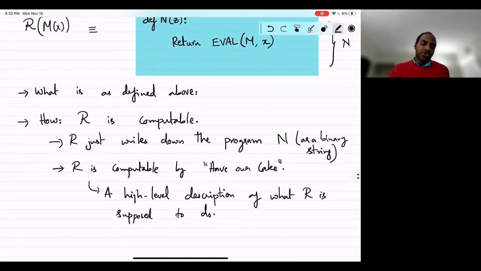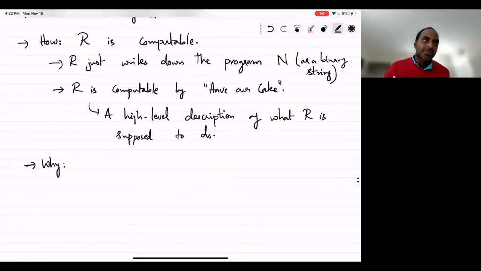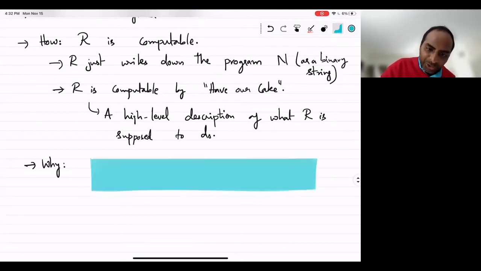So now we kind of have the what and how. We need to do the why. Why is this a valid reduction? Why does this even make sense to look at this? The why typically also has two steps. So we need to show the following. Recall the star equation.